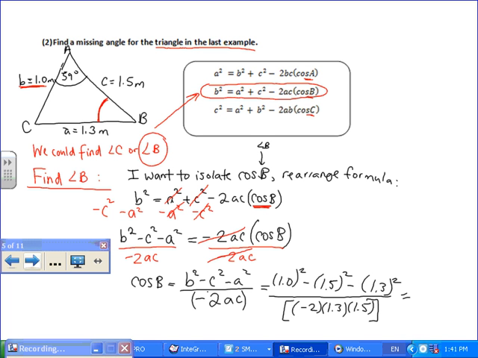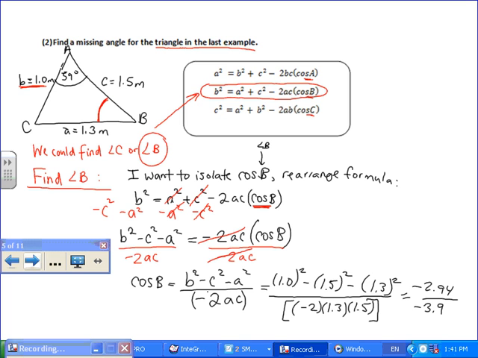So we get on the top, negative 2.94, divided by, on the bottom, negative 3.9.